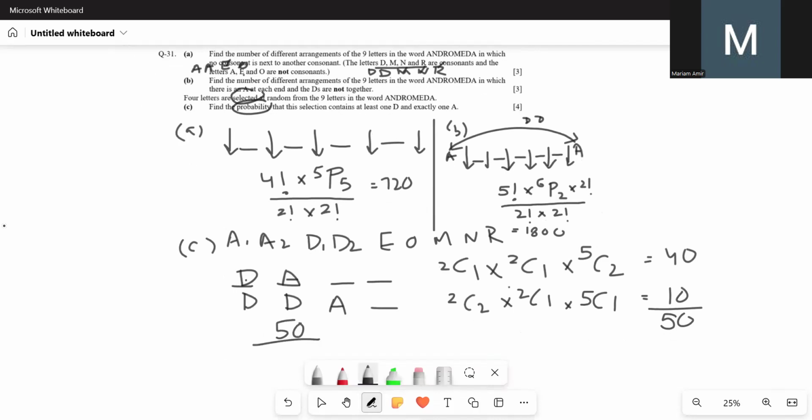The denominator would be all possible outcomes, which would be 9C4. So 50 divided by 9C4 would be 25/63, which is the correct answer.